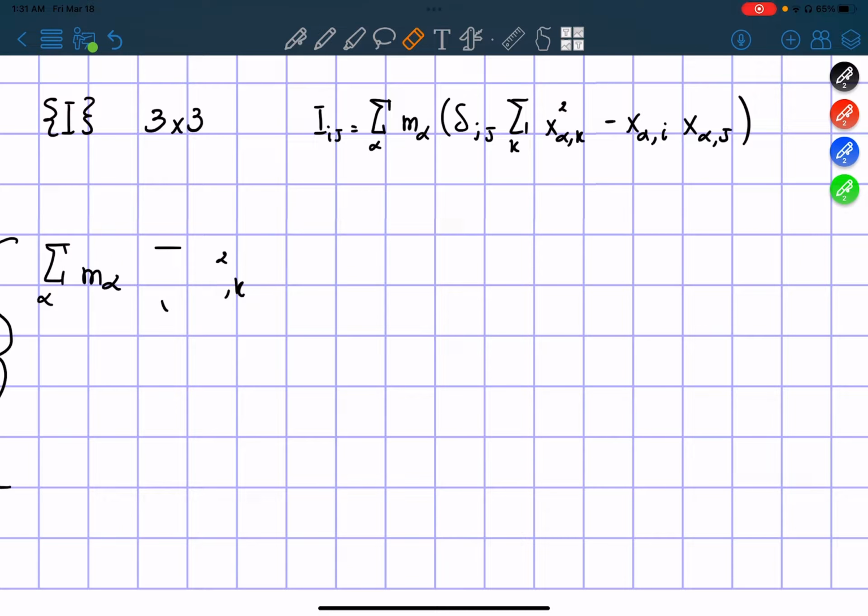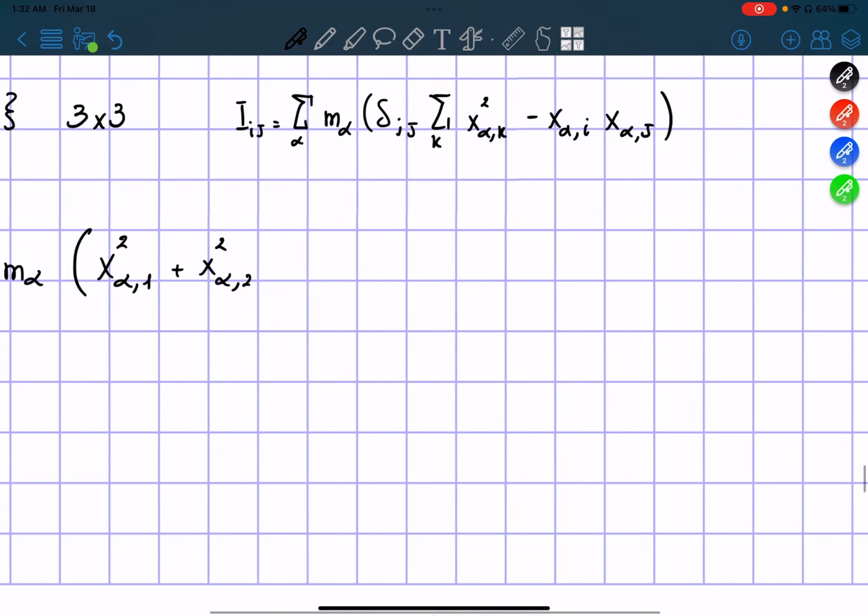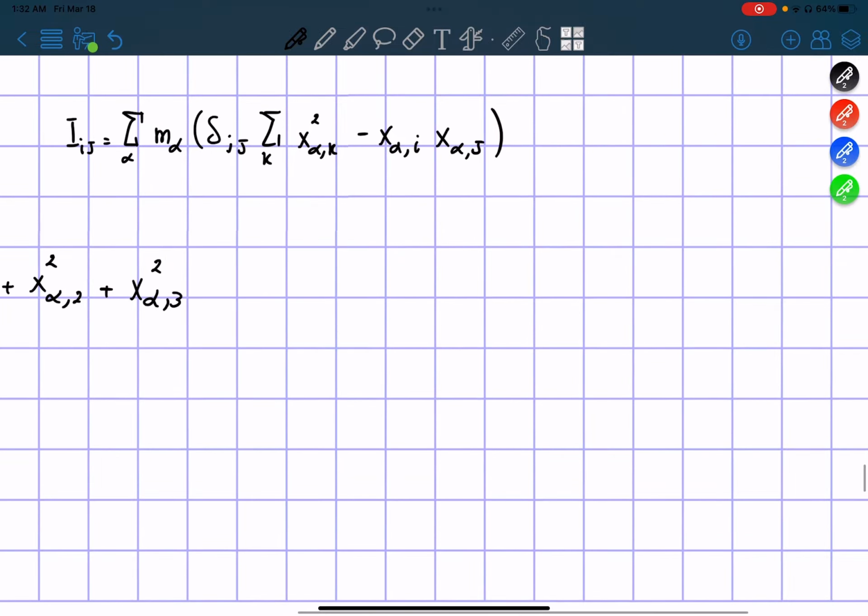Well, that means that we're going to get x alpha 1 squared plus x alpha 2 squared plus x alpha 3 squared, minus the second part right here. We said that I and J are the same, so we have x alpha 1 times x alpha 1, or we can simply write it as x alpha 1 squared.